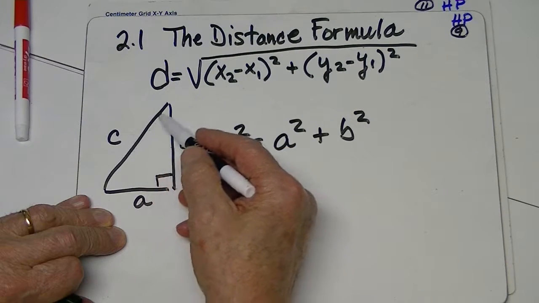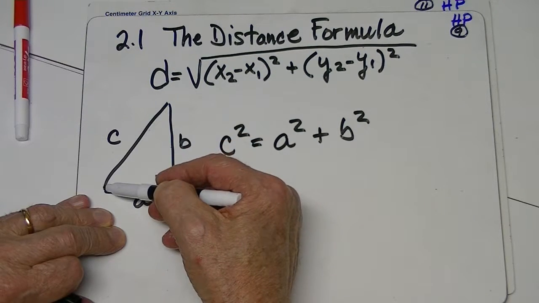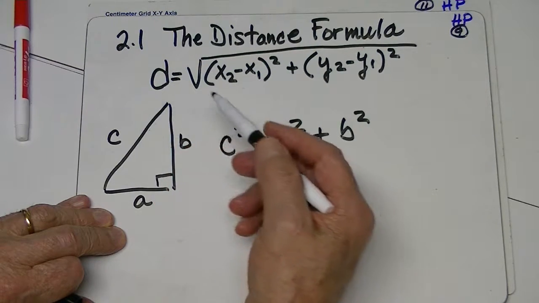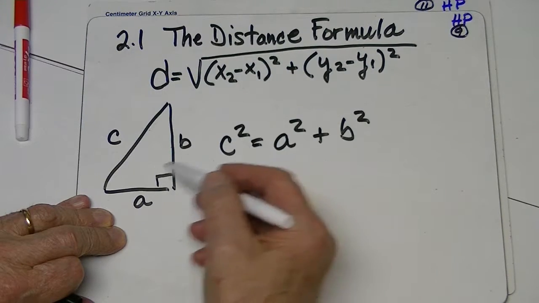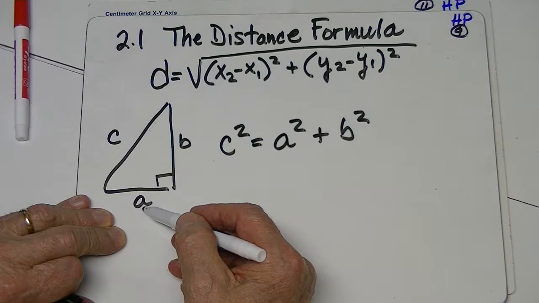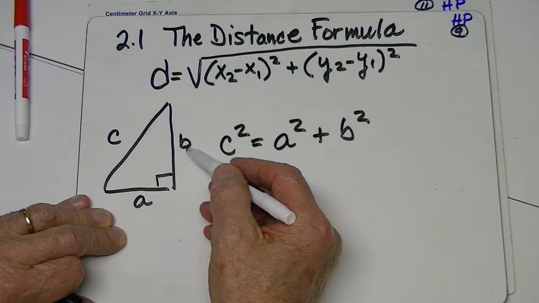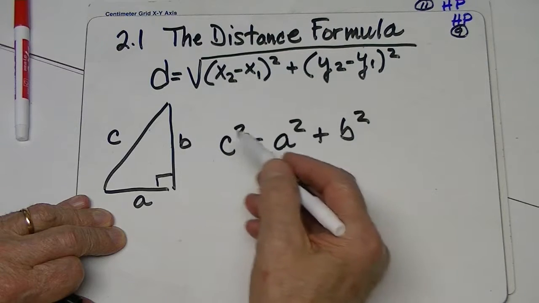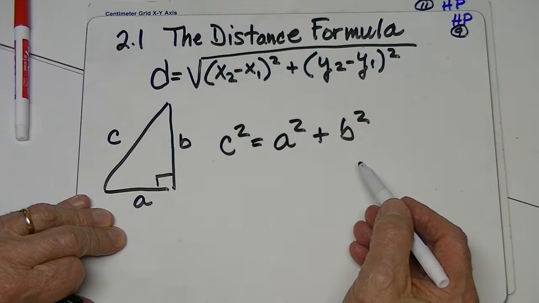So we say the length or the distance of the hypotenuse, if you square it, is equal to the square of this leg plus the square of this leg. This is the Pythagorean theorem.